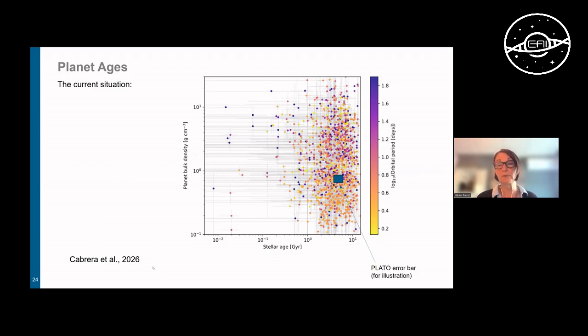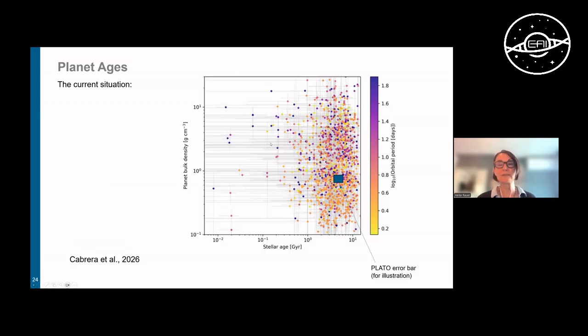Now, you can have a look at what the situation of planet ages is these days. That's a plot that Juan Cabrera just did recently for his paper. I find it very, very intriguing. First, we see that most planets are on the main sequence. Most stars are on the main sequence, so we see a big population here.